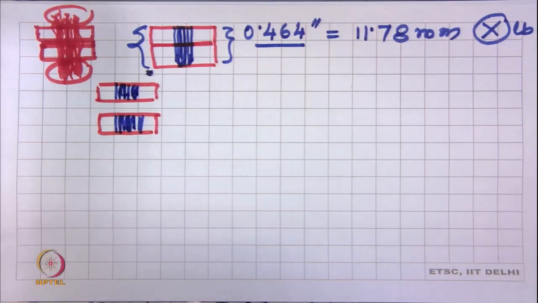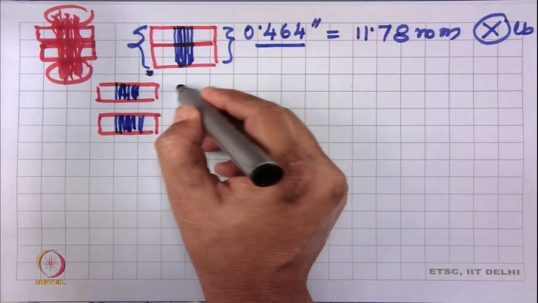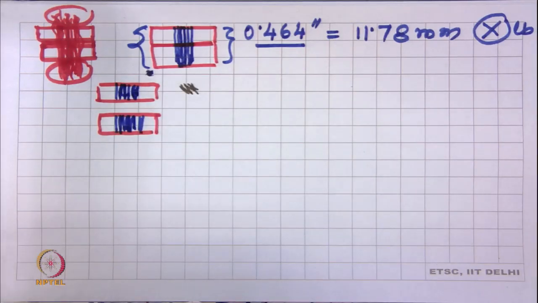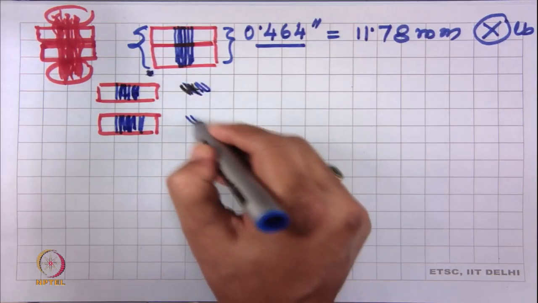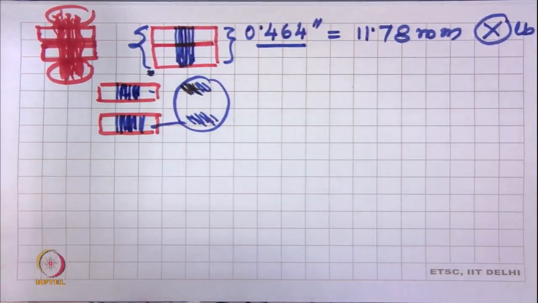Now we have to take out these fibers, we have to take the mass of these fibers. So, from the top jaw we have collected the fibers, and from the bottom jaw we have taken out the fibers, and we have taken all this fiber.